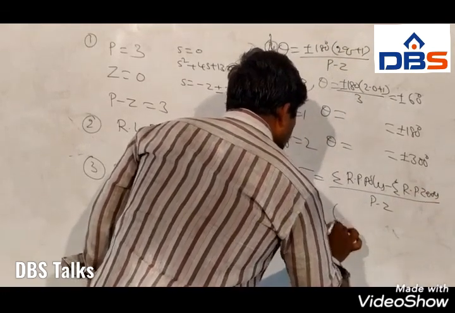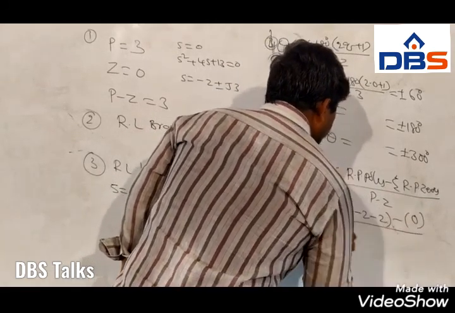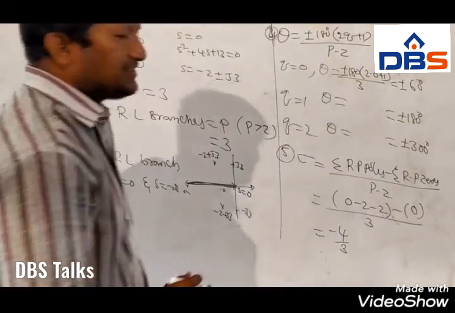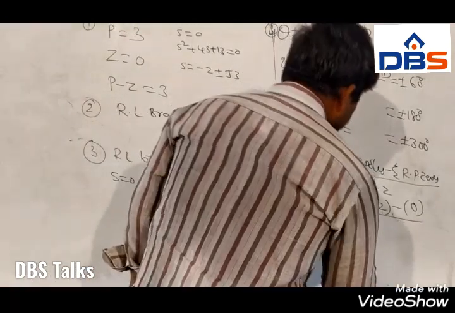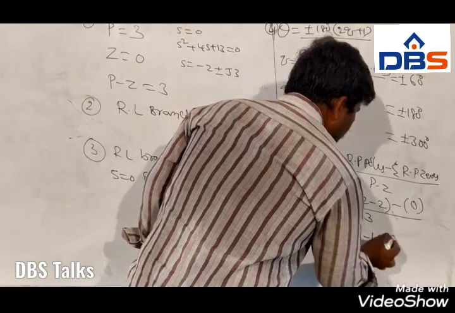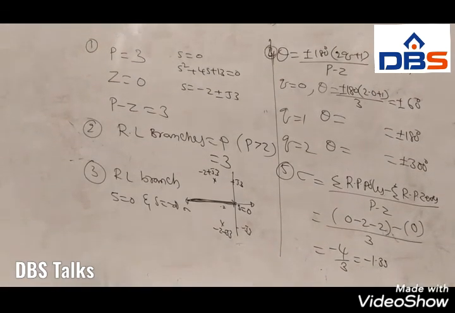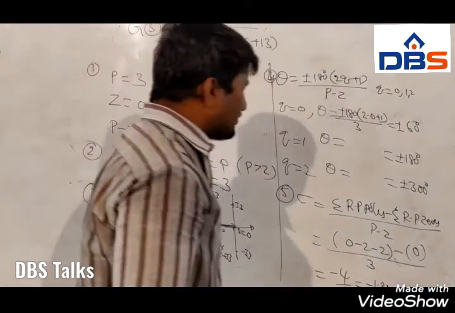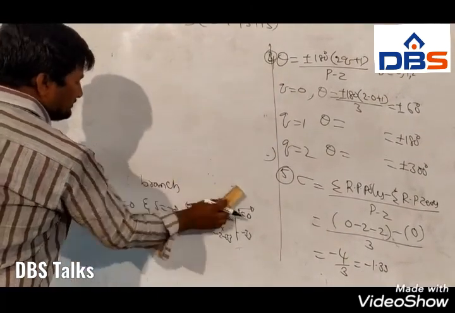So 0 minus 2 minus 2 divided by 3 is minus 4 by 3, which is the centroid. That is minus 1.33.